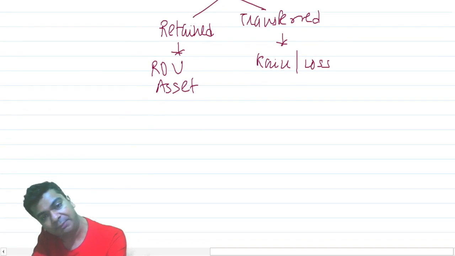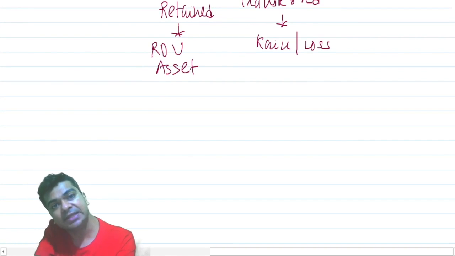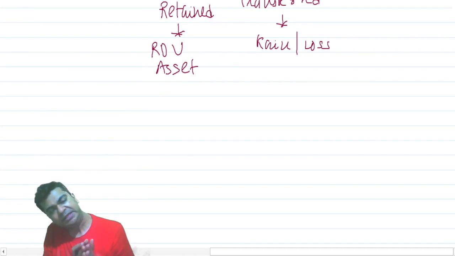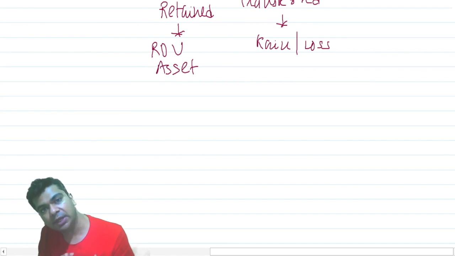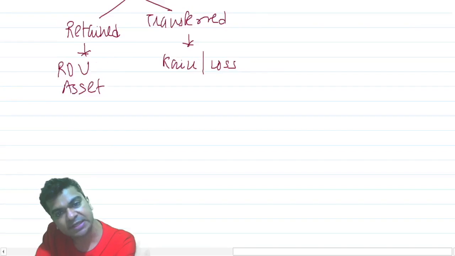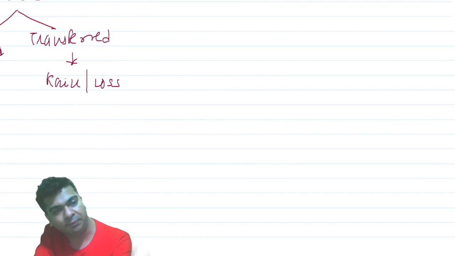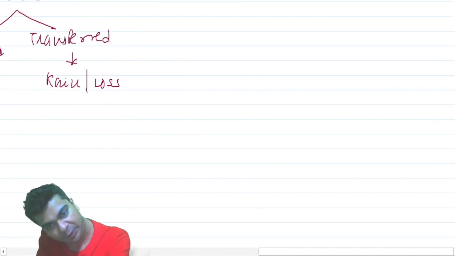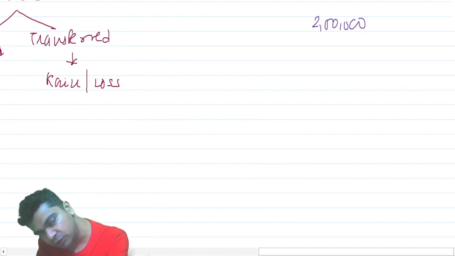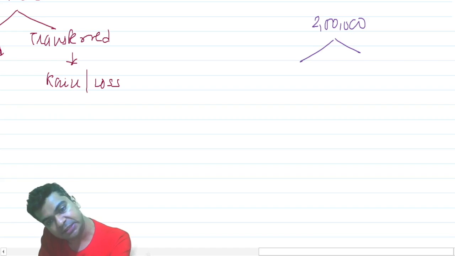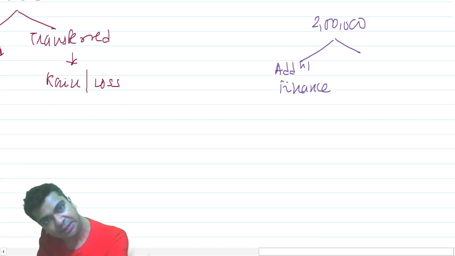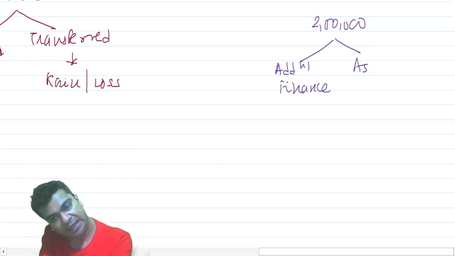This will be done on the basis of the lease liability. What is the exclusive lease liability? By exclusive lease liability, I mean something in this way. Earlier also we were arguing that if the lease rent is 2 lakhs of rupees, let's say, then certain amount is for additional finance whilst the rest of the amount is for the asset.